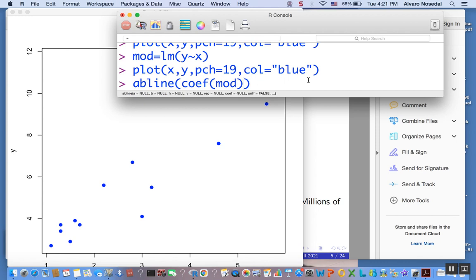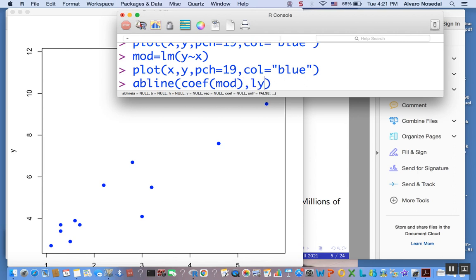With the command abline, we can include that on the same graph, and abline needs the y-intercept and the slope, which is exactly what we get with the coefficients of the least squares regression line.